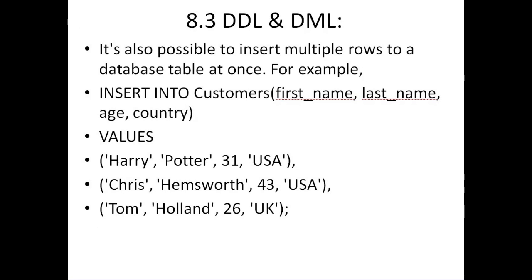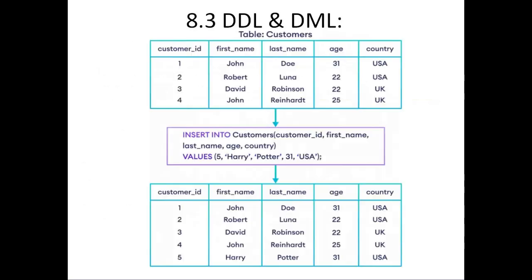By running a query like this, you are going to add 3 rows or 3 tuples in the customers table at once. Originally it had 4 rows or 4 entries, now it is going to have 7 entries once this query is run.